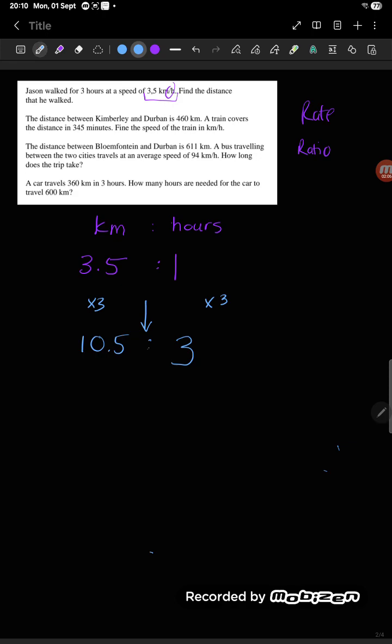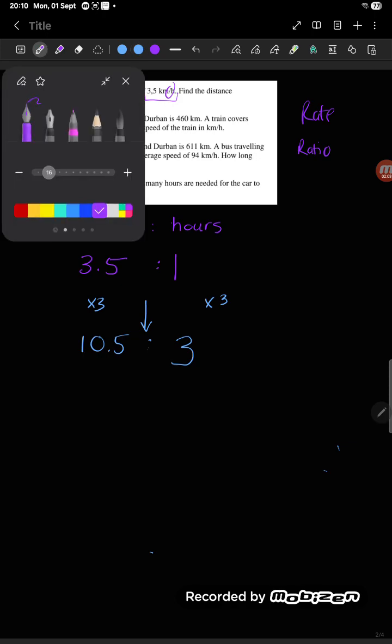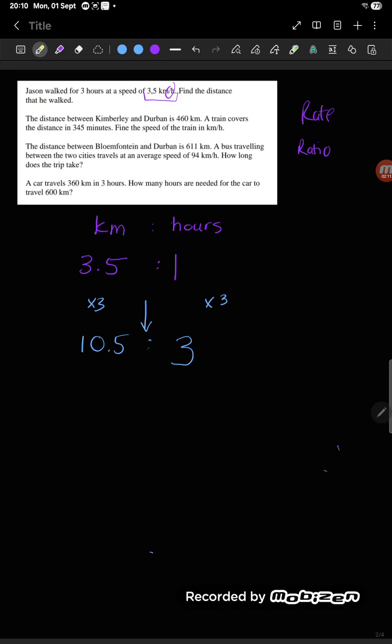Let's do a few more of these. Sandra walks, she walks very slowly, 2 kilometers per hour. Now this is an interesting thing.